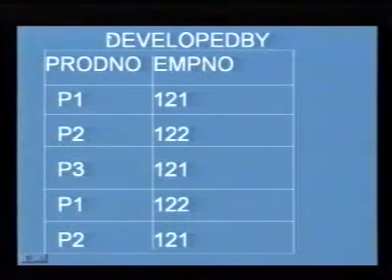Let there be another relation developed by containing product number and employee number as its two attributes, indicating that the product number P1 is developed by the employee number 121, P2 is developed by the employee number 122, P3 is developed by the employee number 121, and so on.